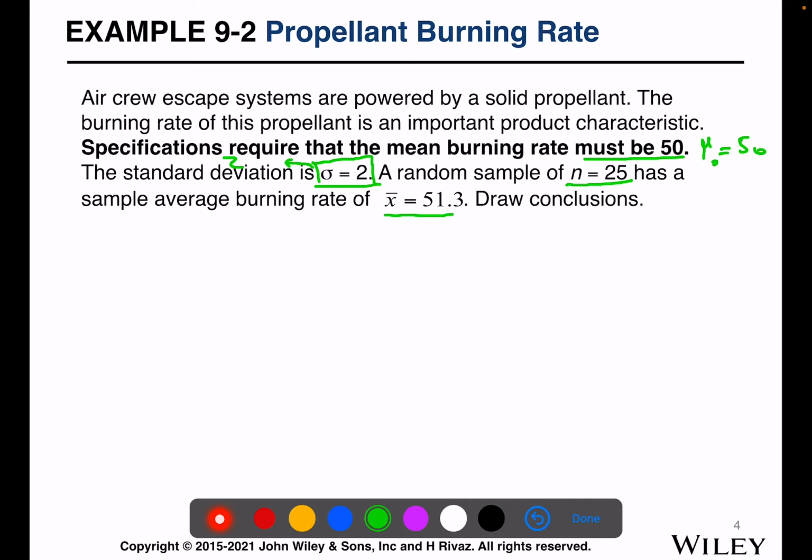Okay. So basically, if you want to draw what's going on, we think, or we hope, that the mean burning rate is 50. That's what the requirement wants, right? And we collect 25 samples and we get 51.3.